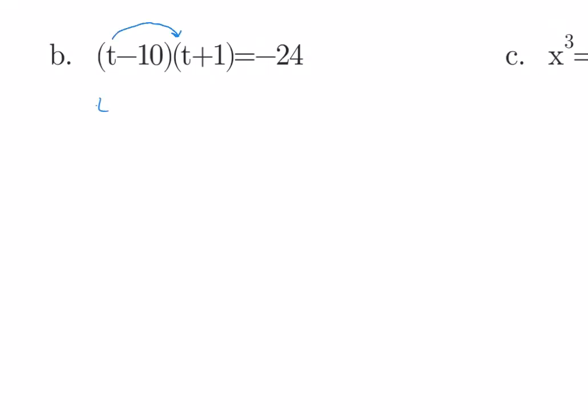So I get t squared plus t minus 10t minus 10. We can combine our like terms.